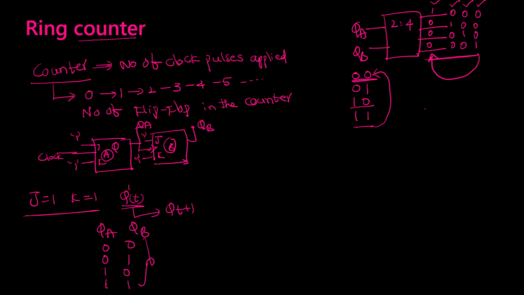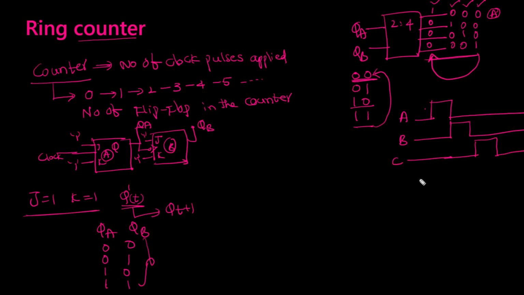Is it not the same thing that we have seen with respect to the A, B, C, D output waveforms? A is 1, then 3 zeros. Now what about B? If you plot the graph, it will be 0, then 1, then 0, then 1, then 0.